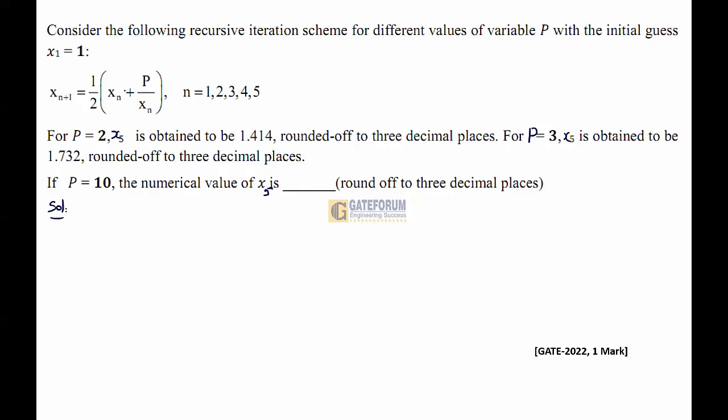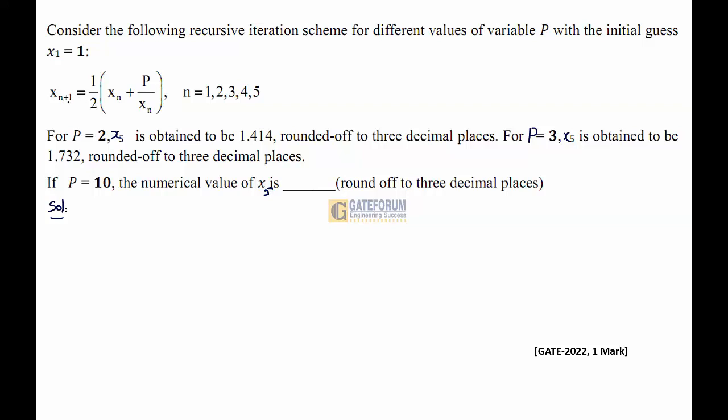First of all, we have to find the equation f(x) equal to 0 so that we can proceed to the further step by giving p is equal to 10, the numerical value of x5. So first we have to know from which equation or function this recursive iteration scheme by Newton-Raphson method has been derived.